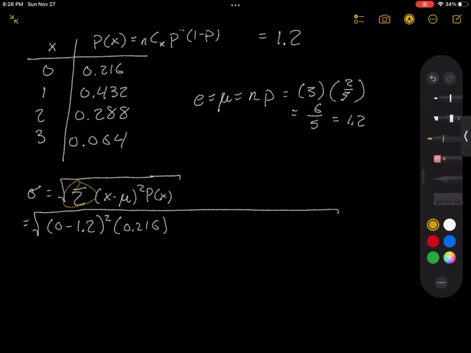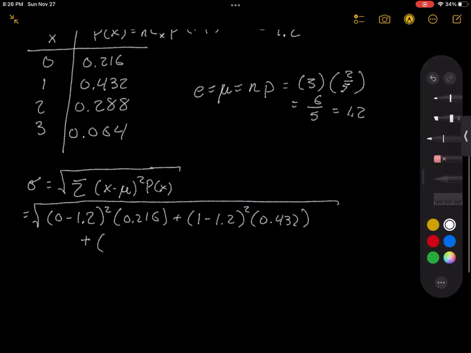And now I add all of those. So plus, I could have 1 two minus the expected value of 1.2 squared, and the probability of having 1 two is 0.432. Ran out of room, I could have 2 twos minus the expected value of 1.2 squared, and the probability of 2 twos is 0.288.